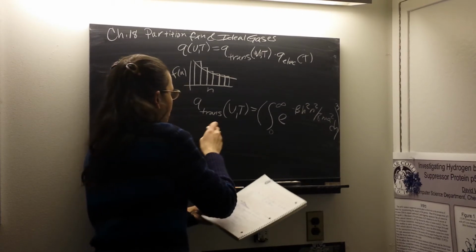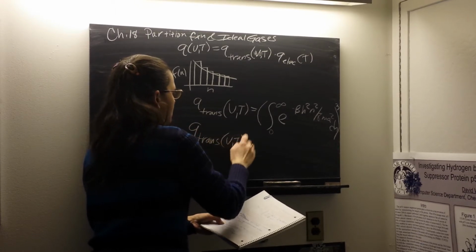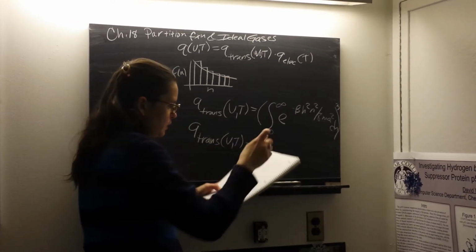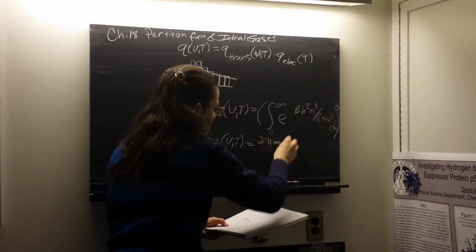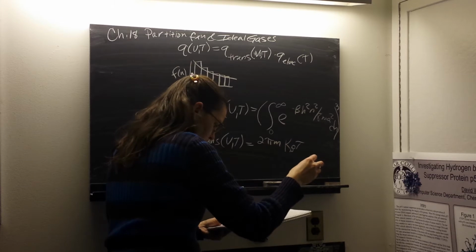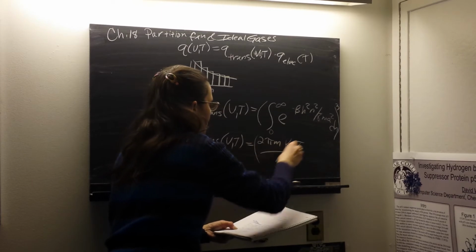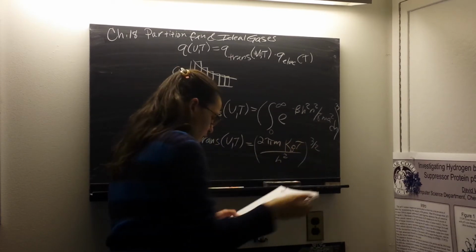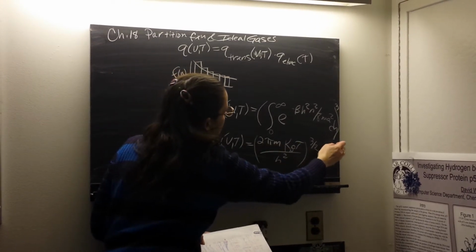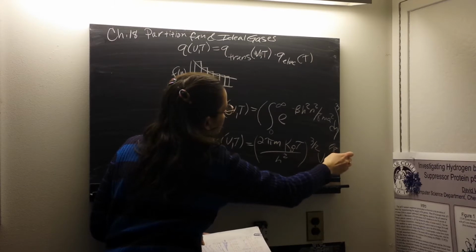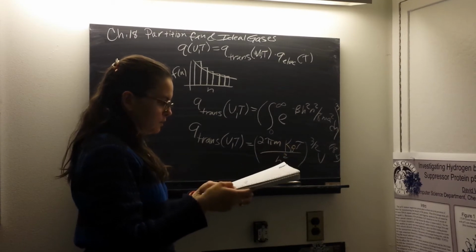When we solve that, we get that Q trans of V and T is equal to (2 pi m kBT over h squared) raised to the 3/2 power, multiplied by V. This will be equation 18.6, if you want to follow along in the text. All right, so this is our solution to the problem.